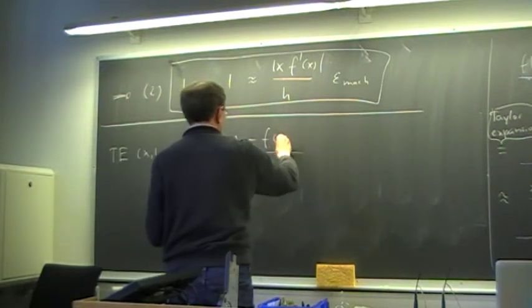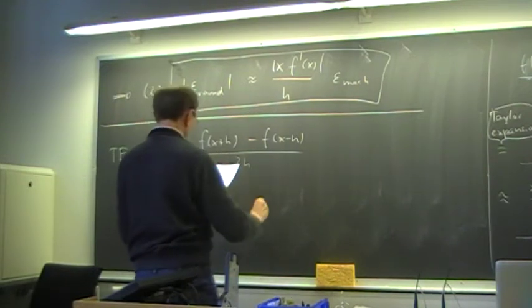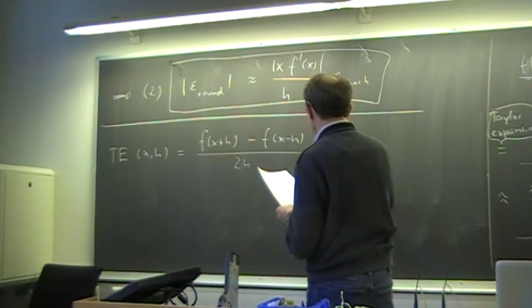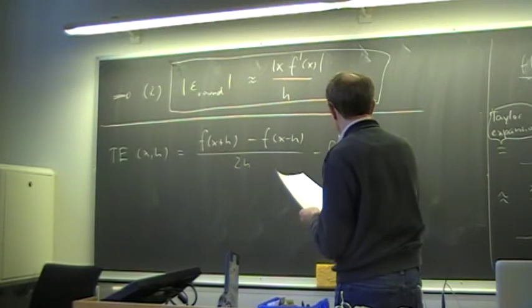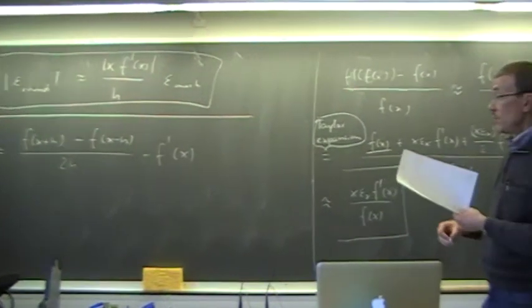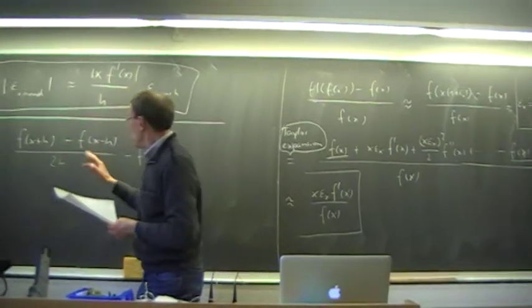So we write down now the formula of the centered difference approximation, and the truncation error is then that minus the exact first derivative. And then we do Taylor expansion. So we assume f is now the exact function, and then we do Taylor expansion.